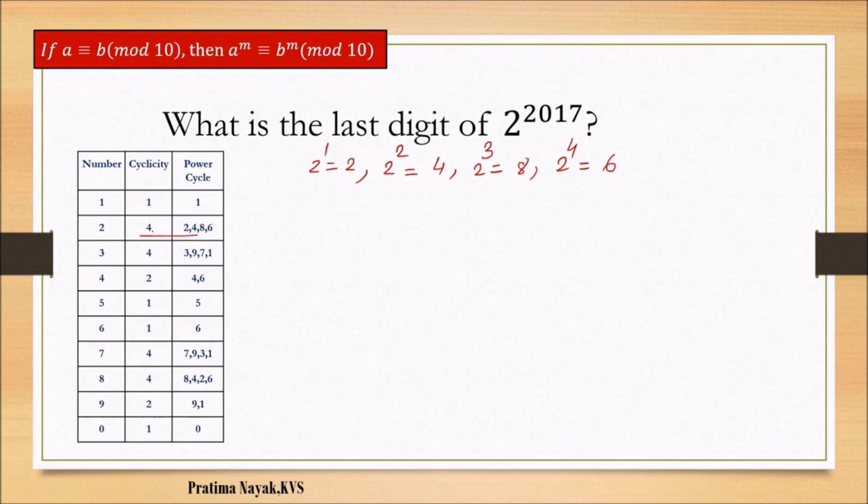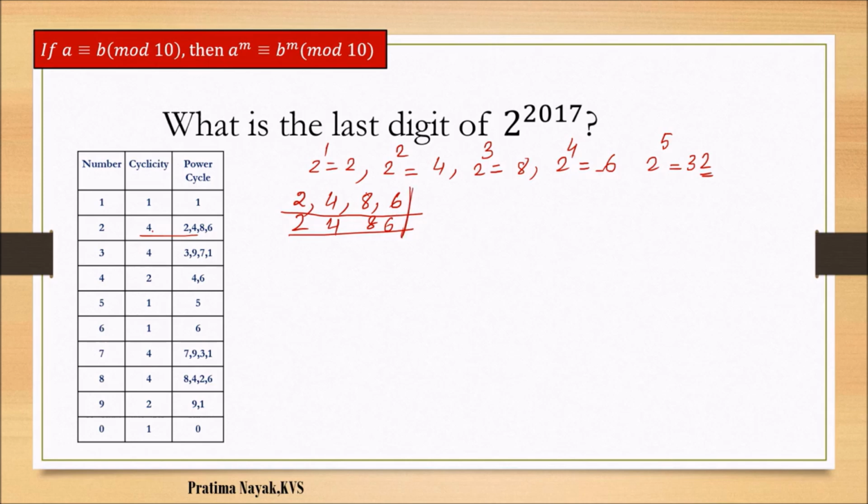So last is 6. Again 2 to the power 5 is 32. So this is 2. That means 2, 4, 8, 6. Again 2, 4, 8, 6, and so on. That means if it completes 4 cycles, then it will end in 6.